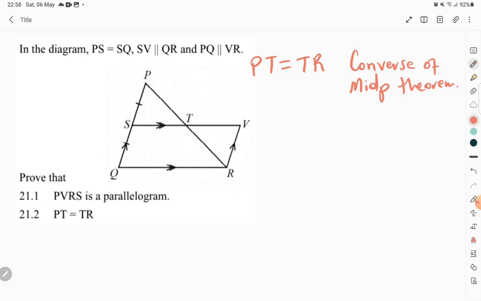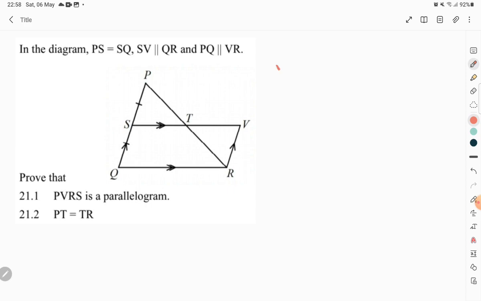The idea is to say, since VR is equal to SQ, reason: these are the opposite sides of a parallelogram, right?